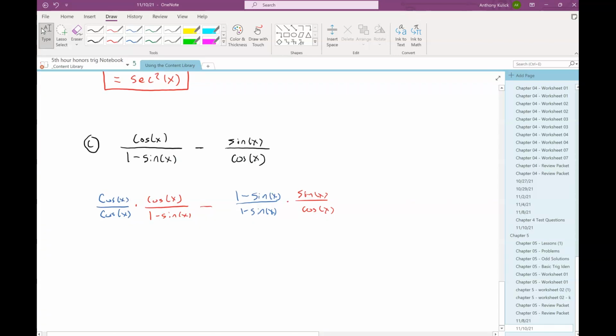Everybody so far so good? Okay. Actually, I'm not going to distribute in the denominators. Why wouldn't I want to distribute in the denominators?